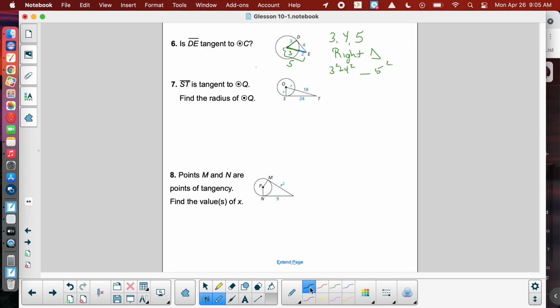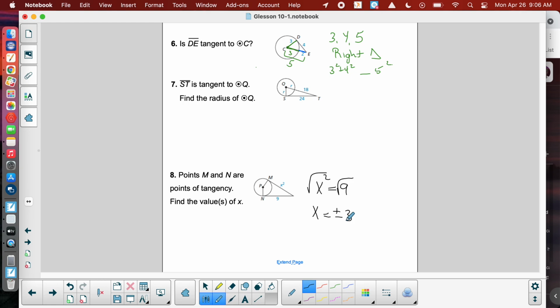This one, x squared and 9, we know they have to be equal. Solving this, I don't have to factor, this is just extracting roots because I have x squared by itself. So I take the square root of both sides, and I get x equals plus or minus 3. Obviously, though, one of those answers does not make any sense because I can't have negative length.